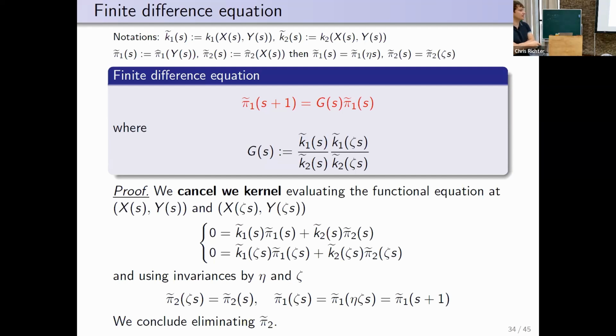And P1 of zeta s, by the invariance, is equal to P1 of s plus 1, because you recall that eta zeta is equal to s plus 1. And so when you do this, you eliminate pi2 of s, and you get this finite difference equation. And when you get this finite difference equation, there is a lot of theory which tells you how to study this kind of equation. And for example, it's very linked to Galois theory.